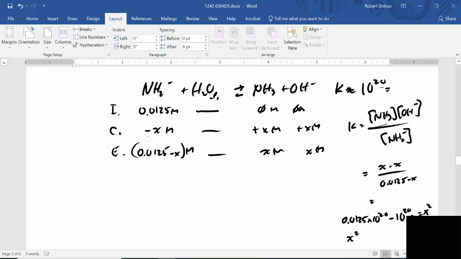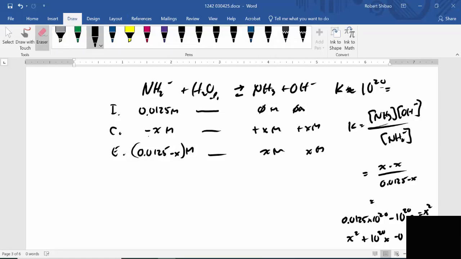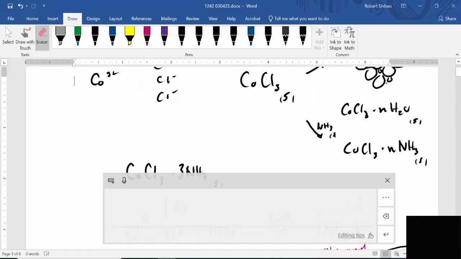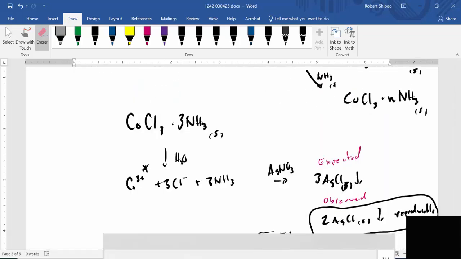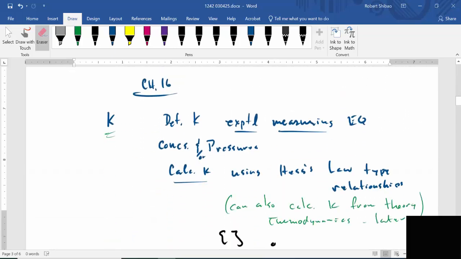This is x squared plus 10 to the 20th x minus, okay, I'm going to change this. I'm going to call this 1.25. I'm going to move the decimal over. So if I move the decimal over 2 to the right, so I'm making this bigger, I've got to make the coefficients smaller in scientific notation.